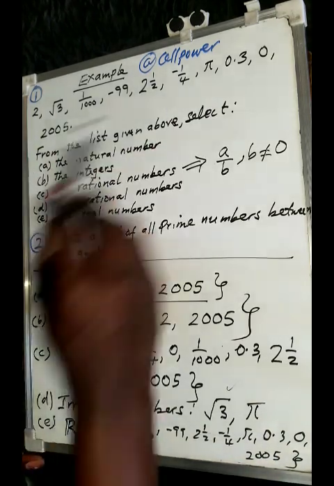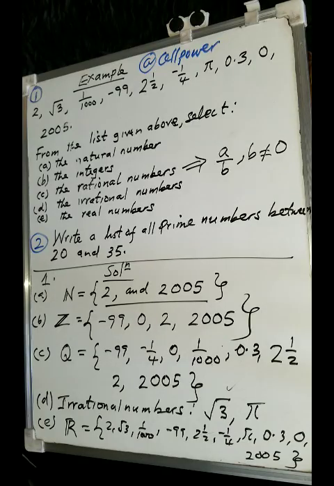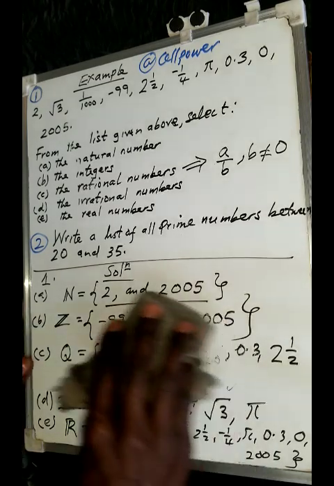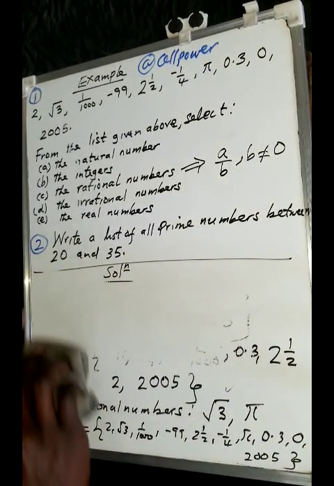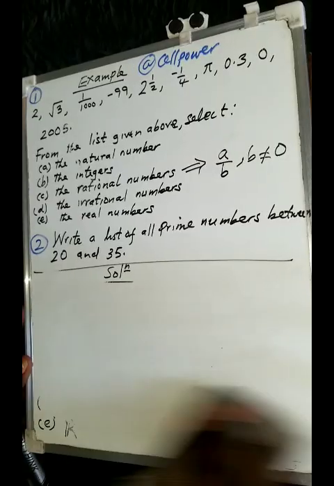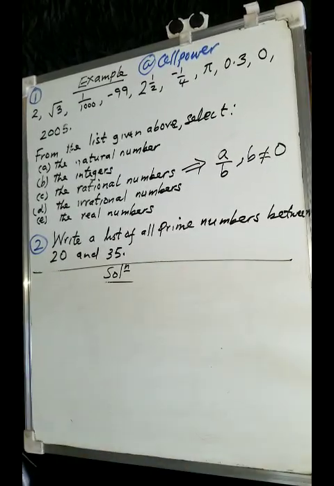All these numbers make up what we call real numbers. I hope you are getting the sense, and this will help you when it comes to further topics like sets and any others you are going to encounter. You meet these numbers, so you need to understand the numbers.